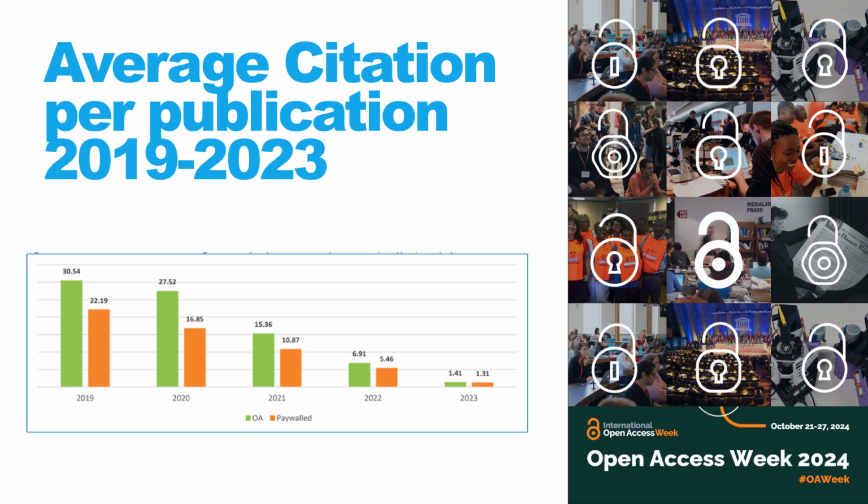The average citation on an open access publication during these years was 16.3, compared to 11.34 for those behind a paywall. Therefore, the average citation per publication of an open access publication was higher on all of these years analysed.